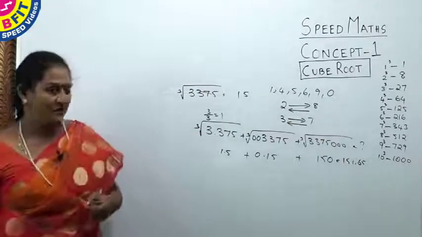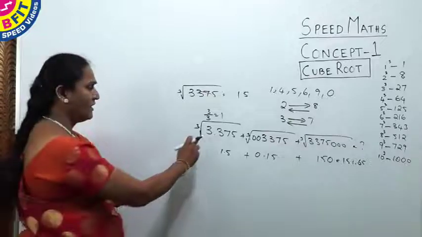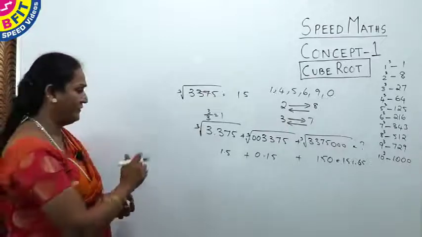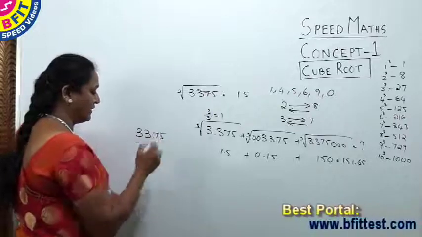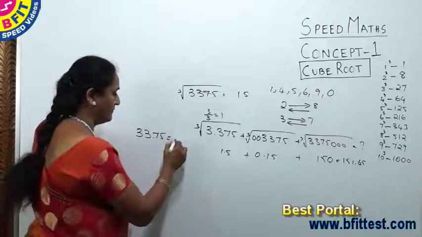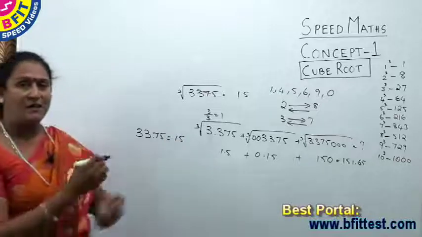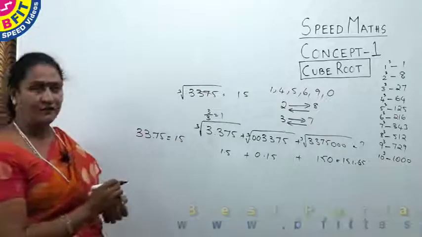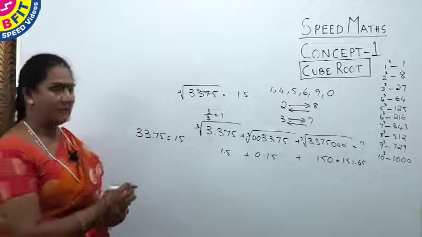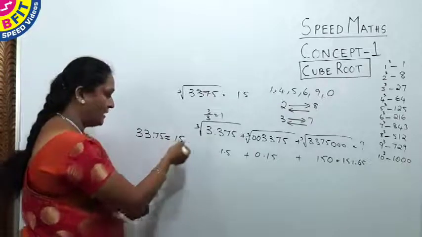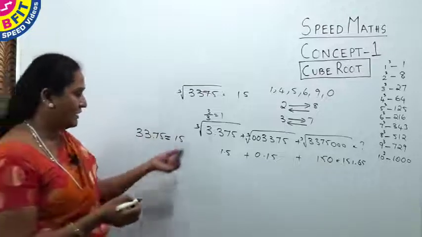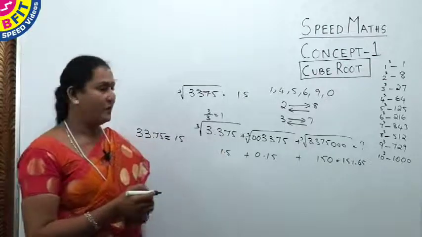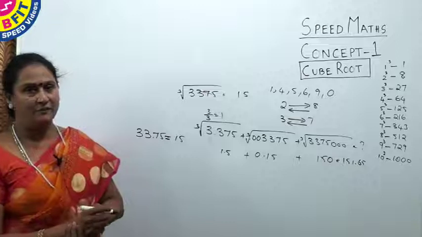Suppose in the question, instead of 3.375, they give 33.75. Then where will you place the decimals for this 15? You have 2 decimal places. I have told you, when the decimal places are multiples of 3, you can use this 15.